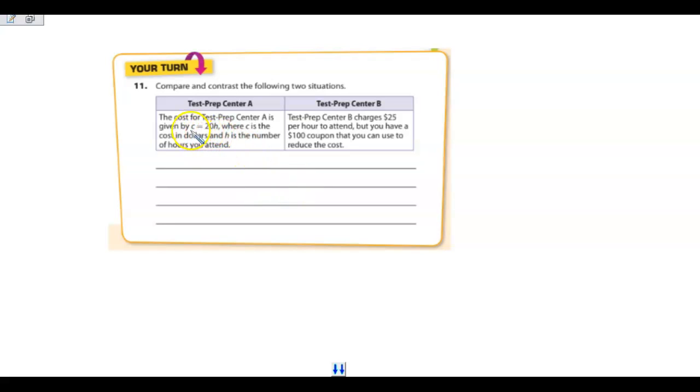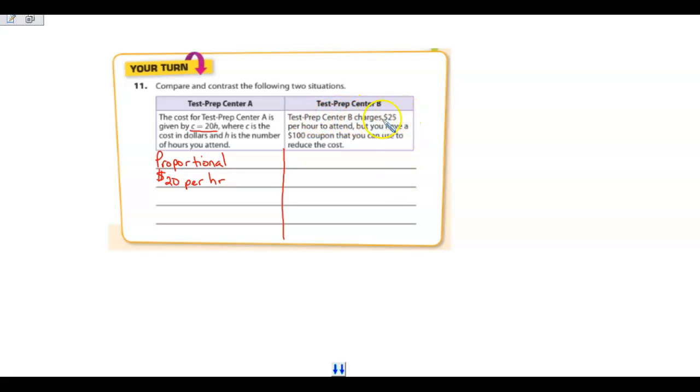So just looking at this equation, is it proportional or non-proportional? If you're saying it's proportional, you're correct. And there is no initial cost. It's only $20 per hour. So it's $20 per hour to get assistance.